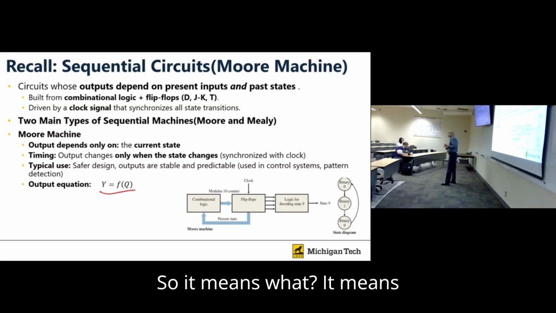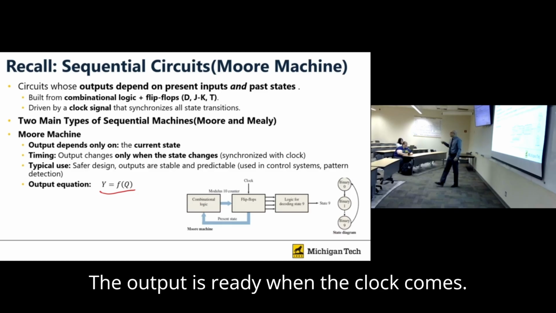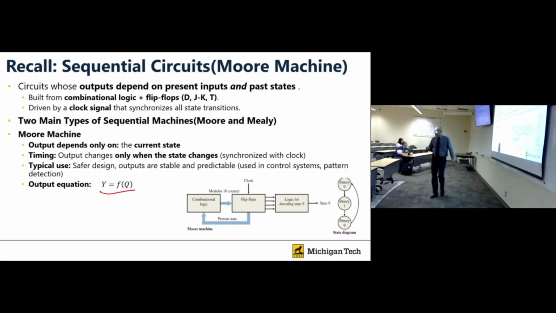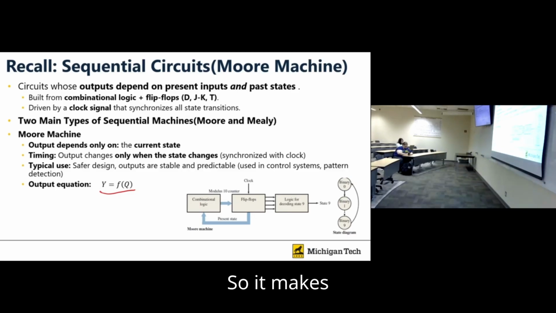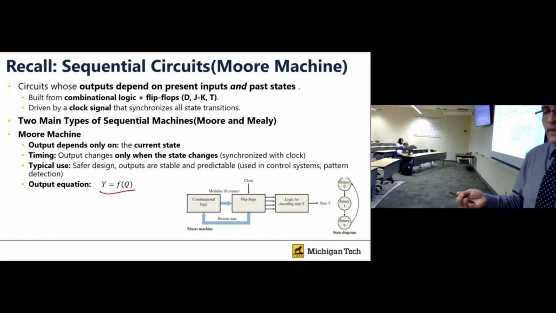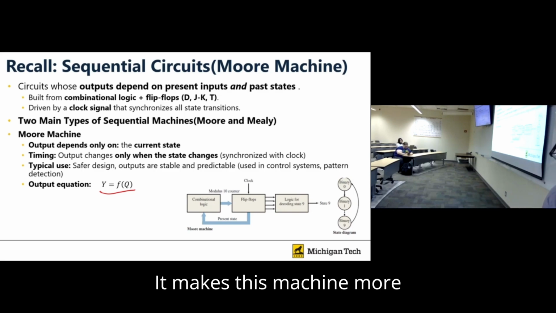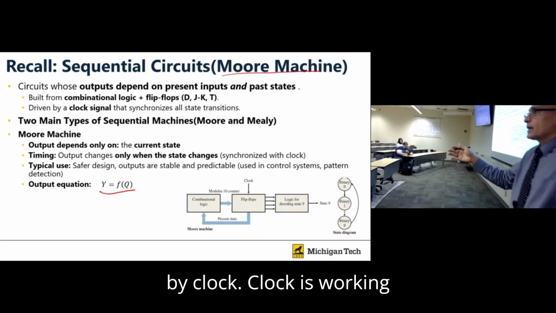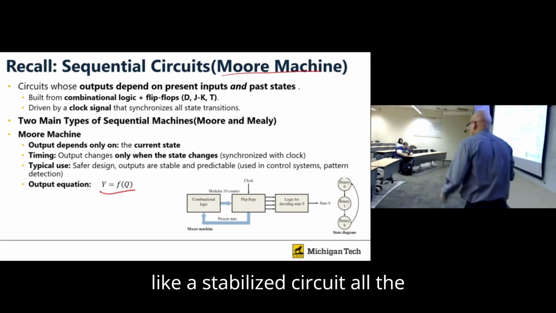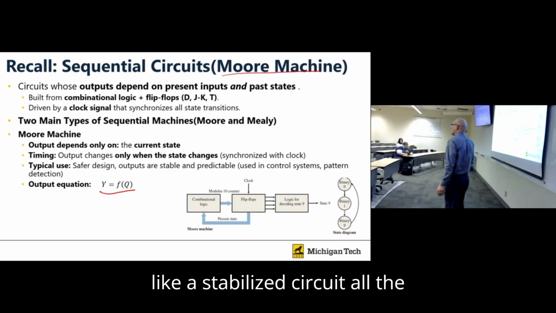So it means the output is triggered by the clock. The output is ready when the clock comes. So the output depends on the clock. It makes these machines more stable because they're triggered by the clock. The clock works like a stabilizing circuit all the time.